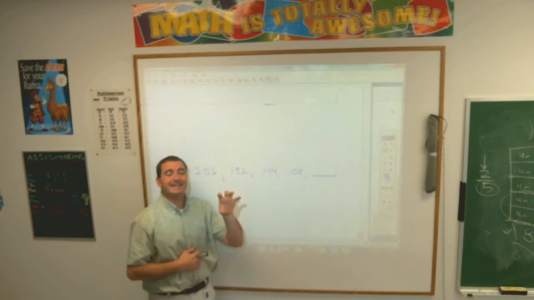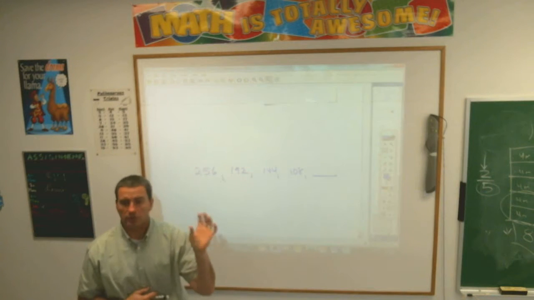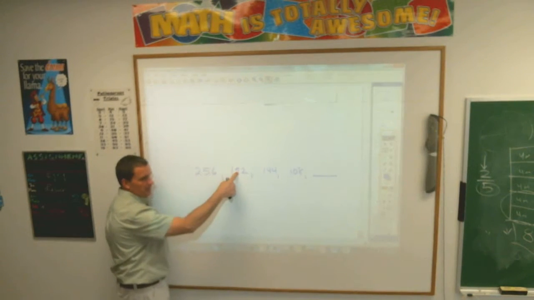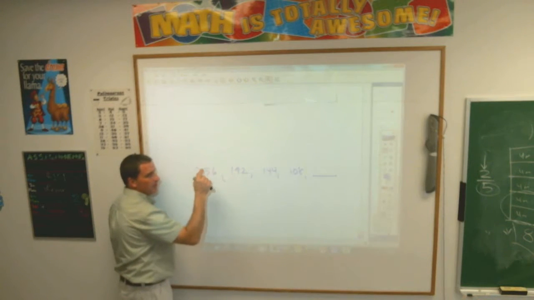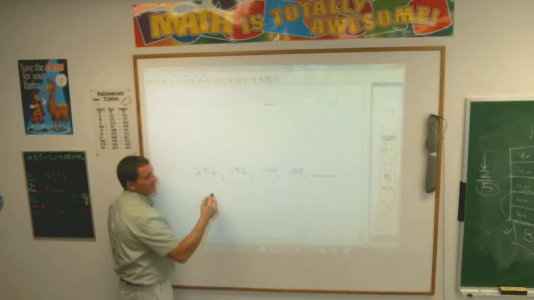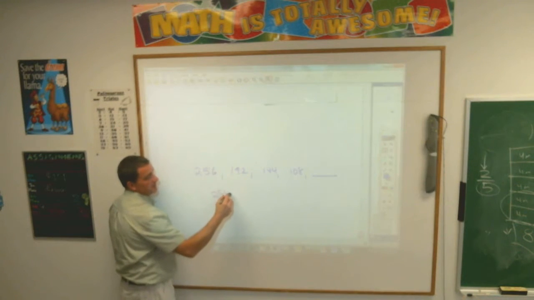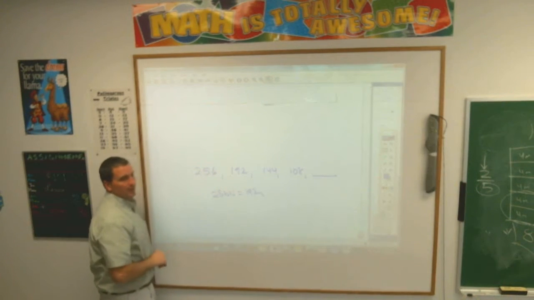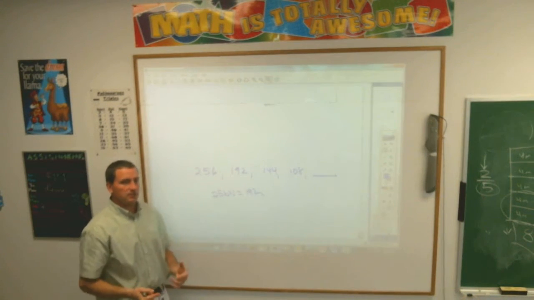This has to be by a constant, which means by either multiplication or division. So you need to figure out what times this gives you this. Let's write it mathematically: 256 times what number gives me 192? That's going to be the constant that you use.